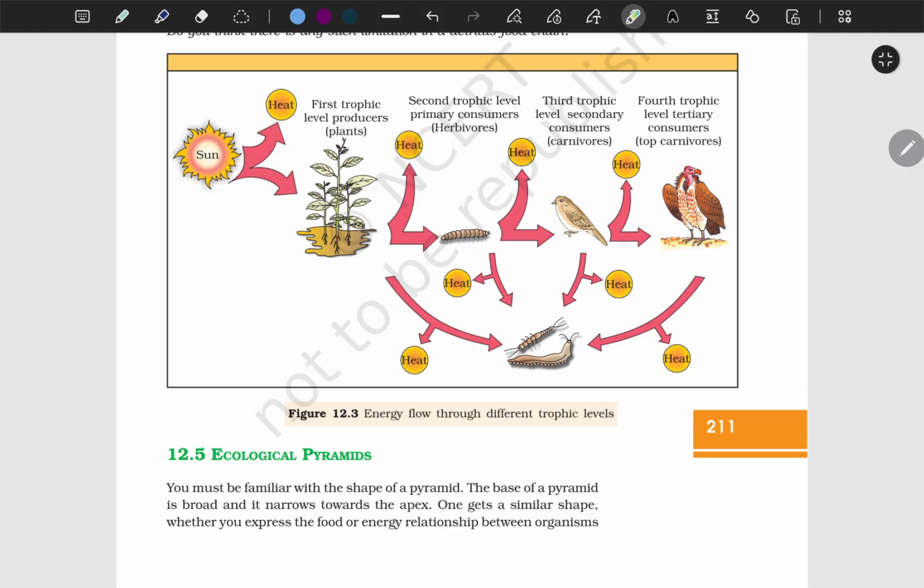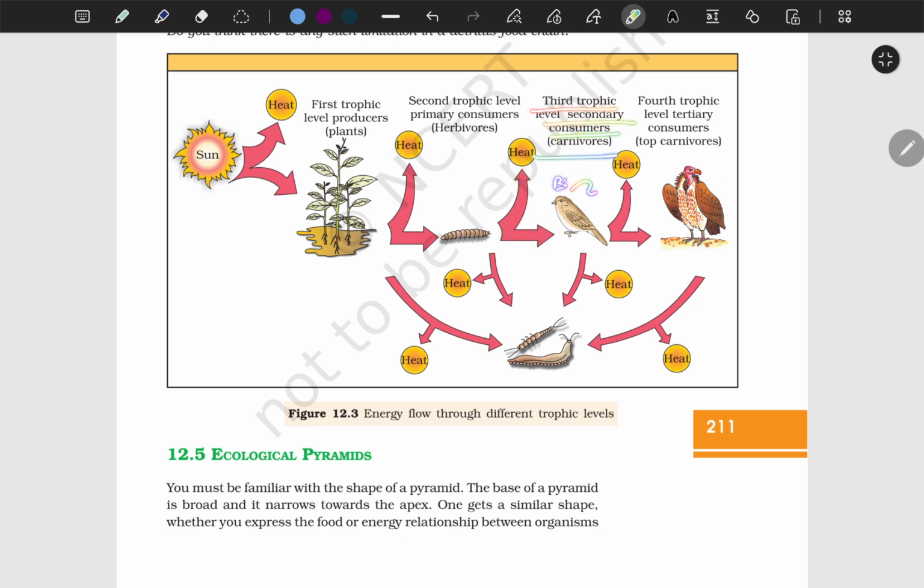So this is the first trophic level, the producers, the plants. Some amount of heat is released and the rest of the energy is moved to the second trophic level, the primary consumers, which feed upon the plants, that is, the herbivores. Here some amount of energy is released as heat and 10% of the energy is moved on to the third trophic level, the secondary consumers, the carnivores.